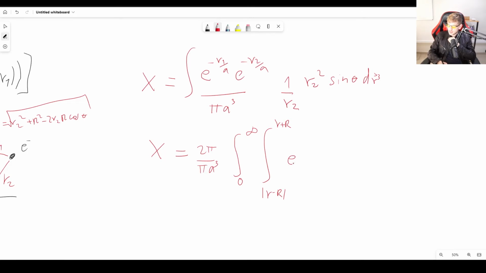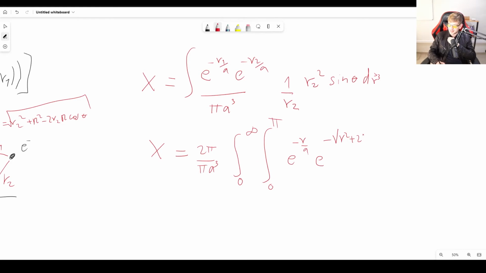And then we have e to the minus r1, or in this case, r2, which we will now simply call r as before. And now r1, which we will replace by square root of r squared plus, well, actually we haven't done the change of variables yet, I guess. 0 to pi.